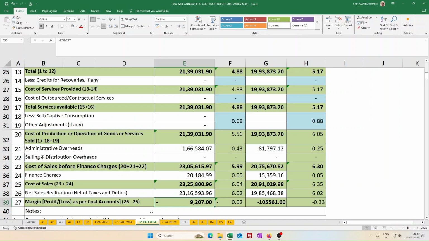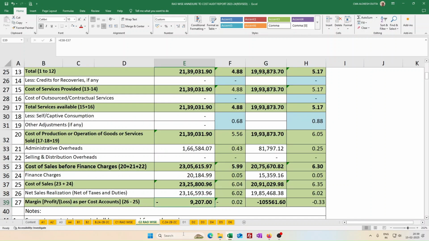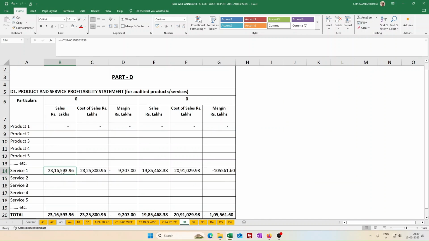In C2, you see sales. What is the sales figure? 2316593.96. If you prepare this annexure, this annexure will automatically link.